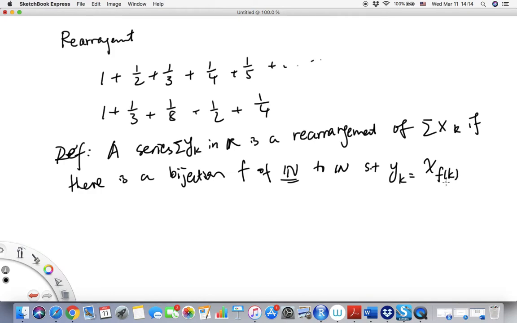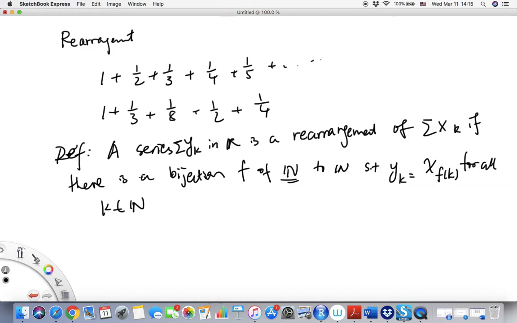Okay, so f is a bijection, so f(k) is another natural number. So every term of the series in y is some term in the series x_k for k in N. So you just permute them.